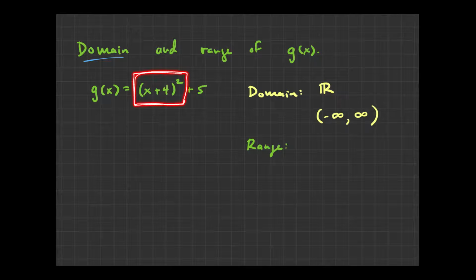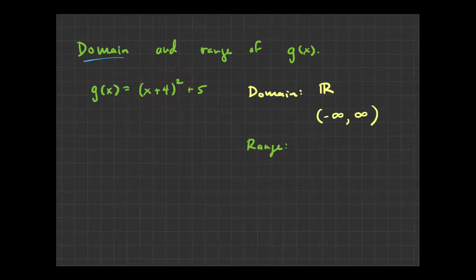The smallest number that we could possibly get out of this is going to be 0. If x was equal to -4, then I could turn this set of brackets into 0: -4 plus 4 is 0, so I would have 0 squared. So that's the smallest number I could get from the square.